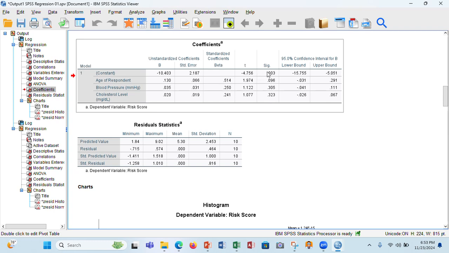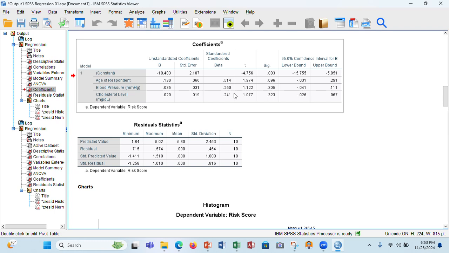Now, again, this total here, 0.03, is the overall p-value. The overall p-value is 0.03, which is less than 0.05. So overall it is significant, but these individual independent variables we can also interpret.